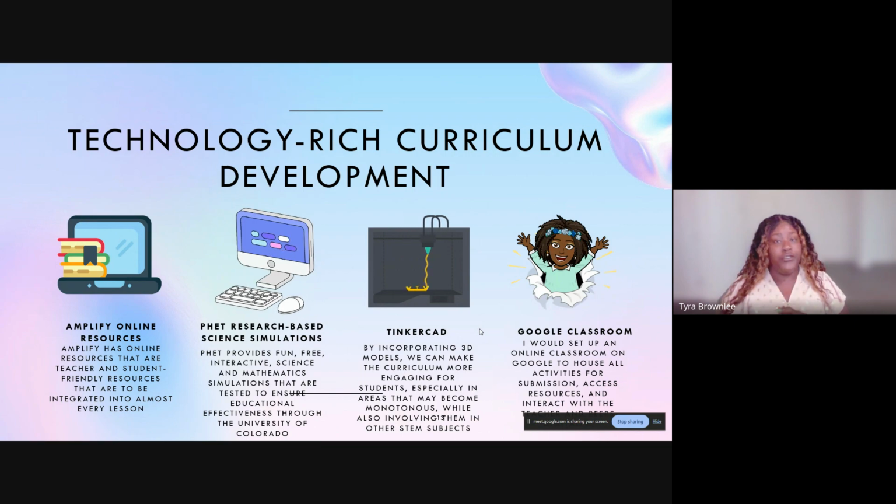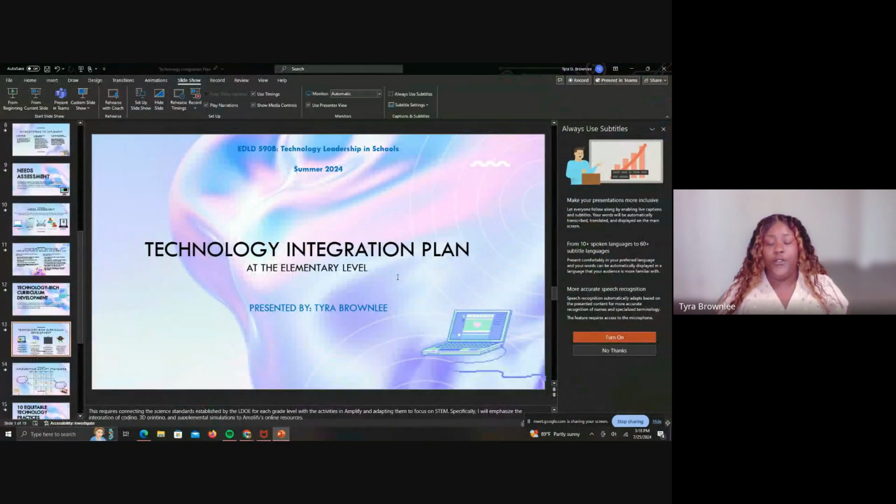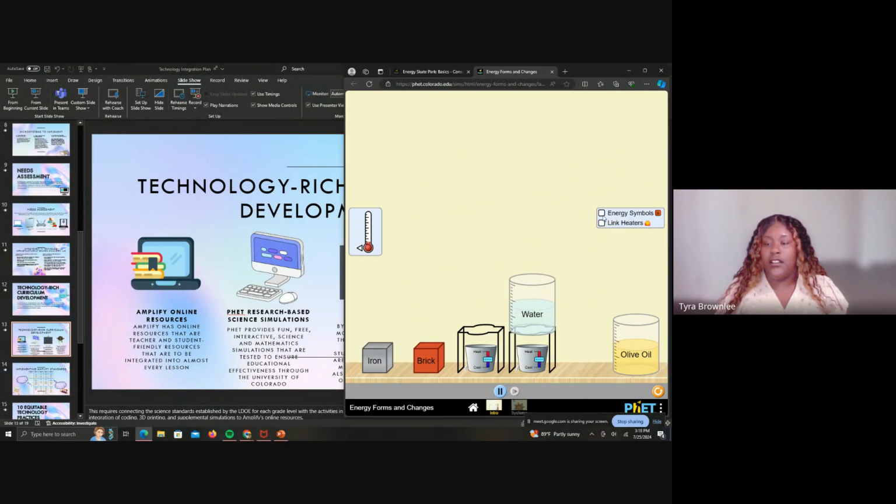But if Amplify doesn't have enough of what we need, my job will also be to implement other resources that teachers can use, such as the PhET research simulations. They are research based and they come from the University of Colorado, and it's just an extra resource of simulations for the students to interact with.